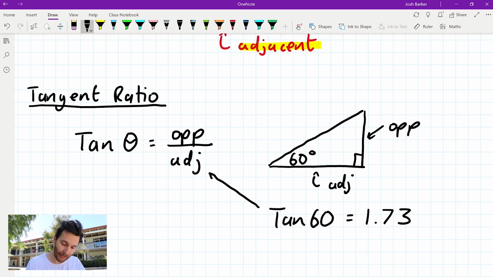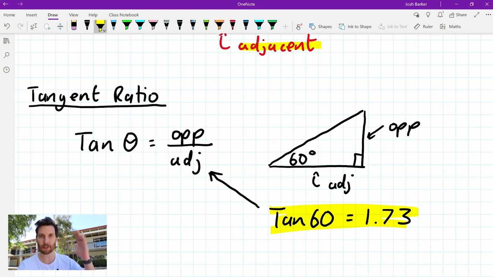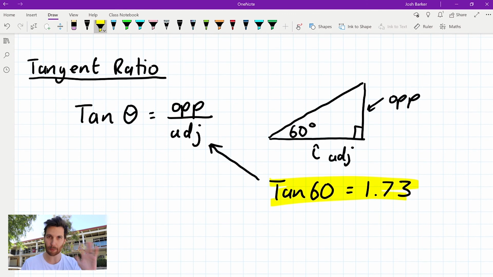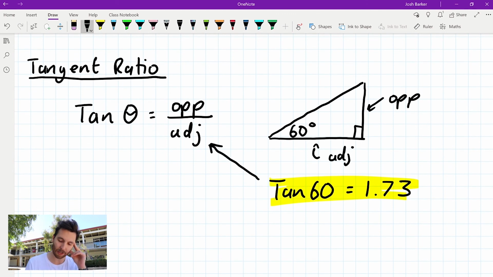So if I link that back to the ratio that we just started with, all that tells me is if I take the length of the opposite in that triangle and divide it by the length of the adjacent, it's going to give me a value of 1.73. That'll be a different value depending on what angle you've chosen, but in this case for 60 degrees it'll be 1.73. I'm going to just add in there to 2 decimal places because it's an irrational number.